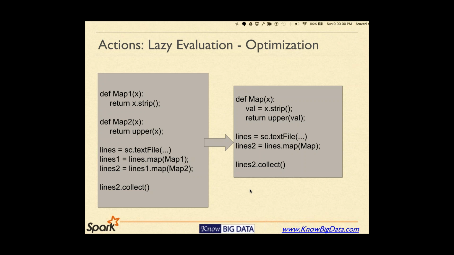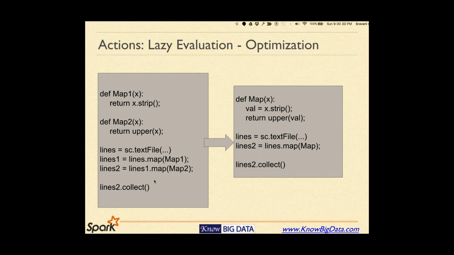Then we say lines2 equals lines1.map with the map2 function. If you look at it, we are trying to run two functions, map1 and map2, and both of them could be clubbed easily together. So the moment we call lines2.collect, it is going to run this one and this one.